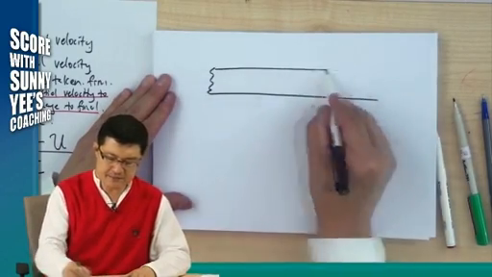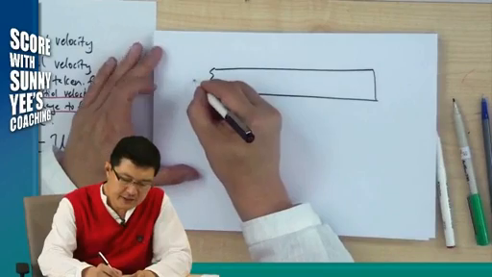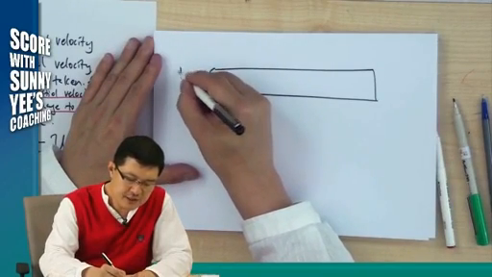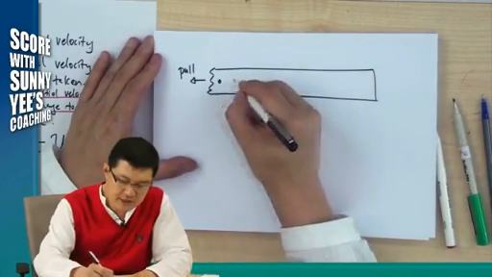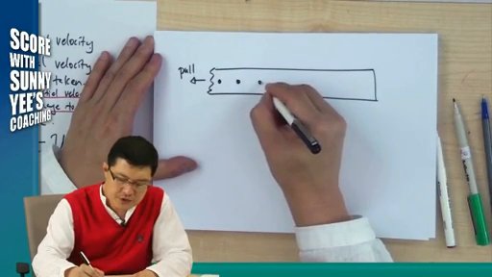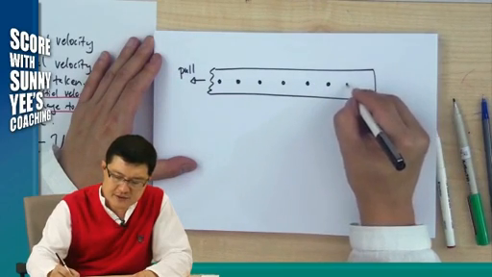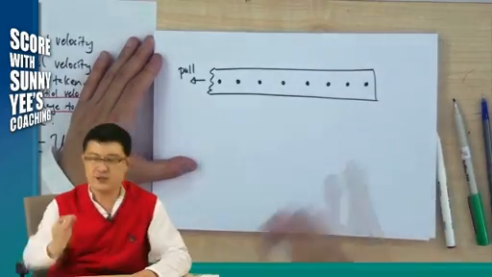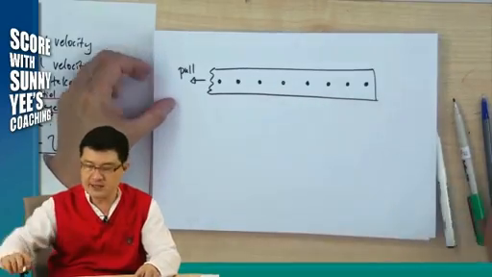This is a ticker tape. I'm going to pull the ticker tape in this direction. So we have 1, 2, 3, 4, 5, 6, 7, 8. It stops there. I pull, and these are all the ticks and the dots that you see.